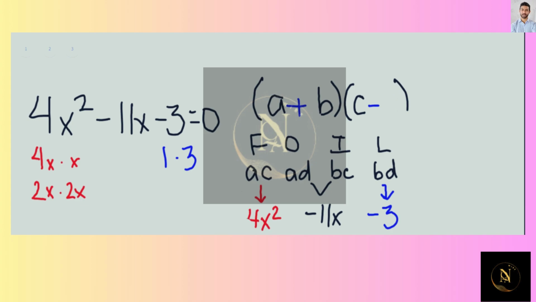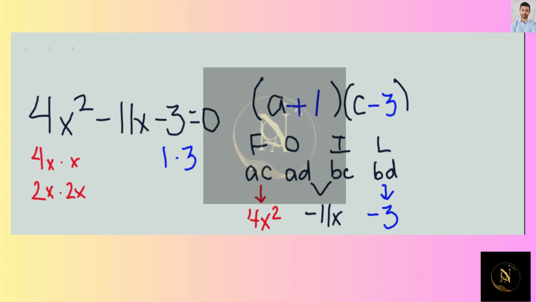So this negative d is going to be replaced with a negative 3. Instead of subtracting d, I know this is going to have to be minus 3, because the larger factor of 3 is going to make it possible for our b term to become a negative 11x. And that means that my plus b is going to use the remaining factor and is actually going to be plus 1.